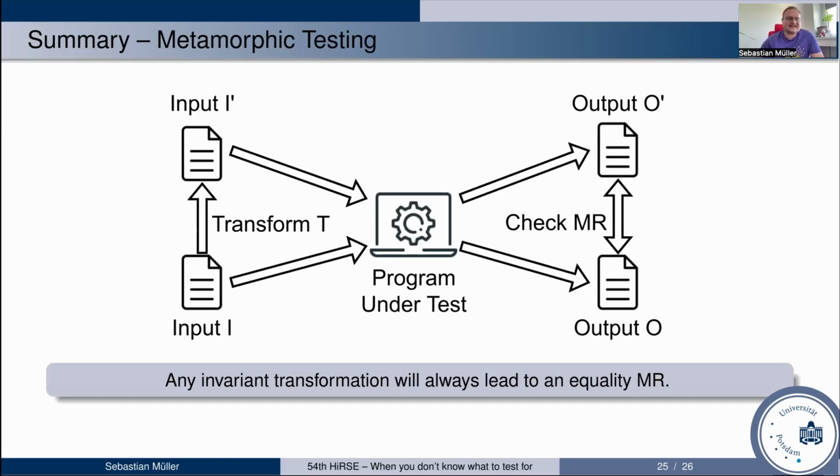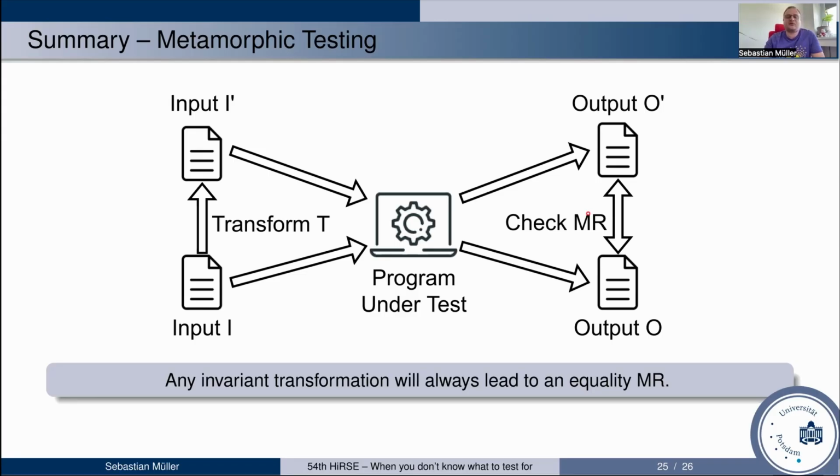And with that, I'm coming to my last slide, the summary of what we're talking about when we're talking about metamorphic testing. I would be absolutely happy if all that you keep from this talk is this idea of how metamorphic testing works: we take our input and transform it, run both inputs through our program under test, and out fall these two outputs that we can then check with these metamorphic relations.